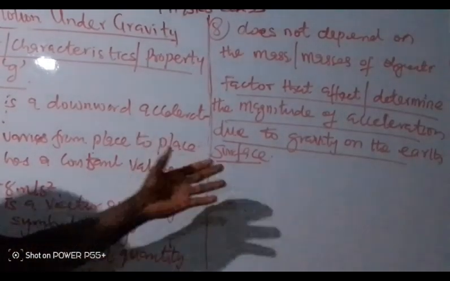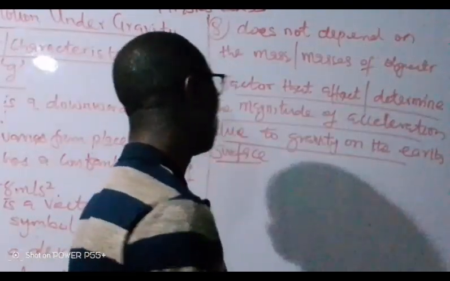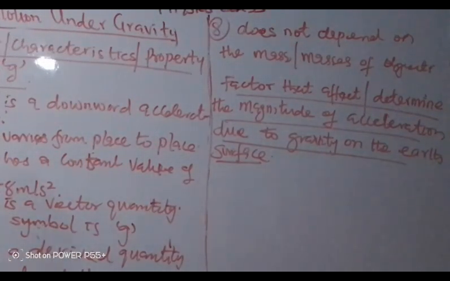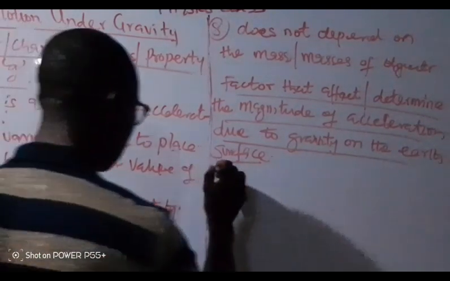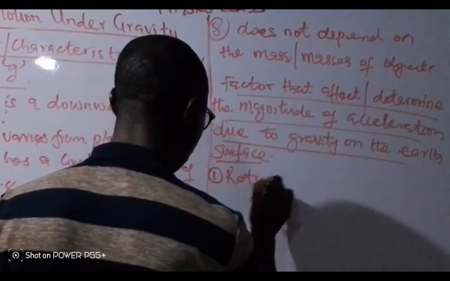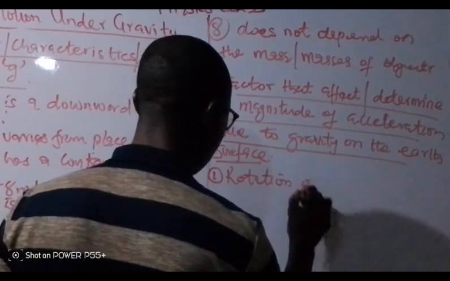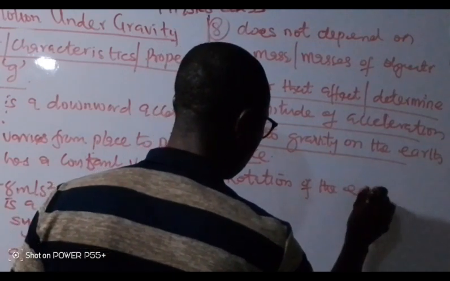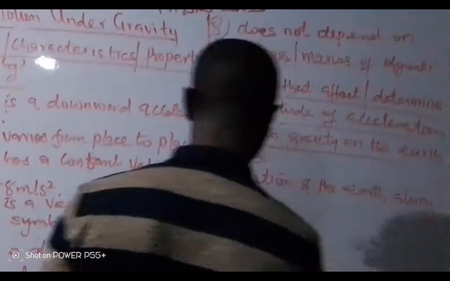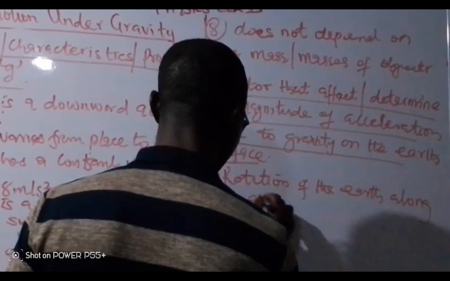Next are the factors that affect or determine the magnitude or value of acceleration due to gravity on the Earth's surface. There are some factors that will determine the value of g on the Earth's surface. The number one factor is the rotation of the Earth along its axis.